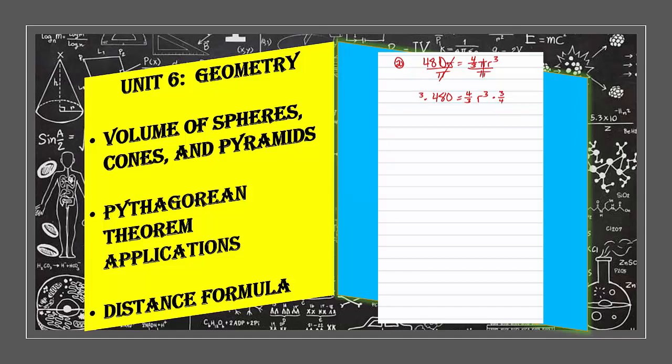So multiply by 3/4. And the 4/3 and 3/4 will simplify each other out, leaving me with r cubed. The 3/4 times 480 will leave me with 360.